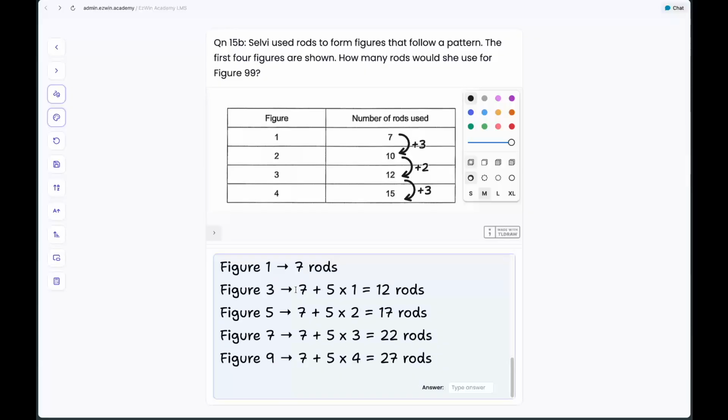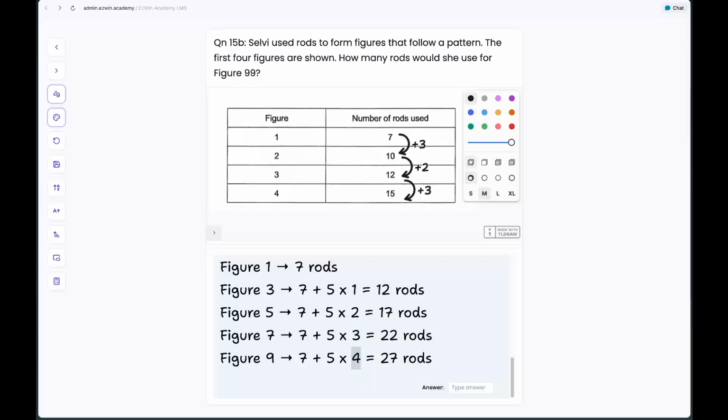So the next thing is, if you were to look at the patterns over here, you could see that from 7, plus 5 is 12. Then figure 5 is 17. So we just plus 5 for each of the odd ones. Since we know it's plus 5, you can have a guess that then we need to multiply it by 5. So for figure 3 is 1, figure 5 is 2, figure 7 is 3, and figure 9 is 4.